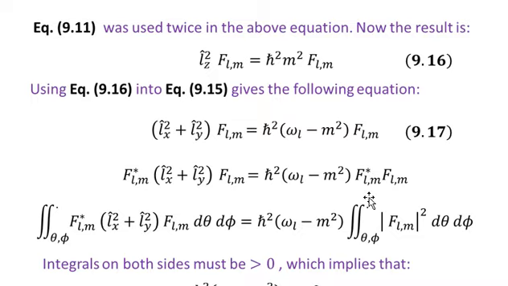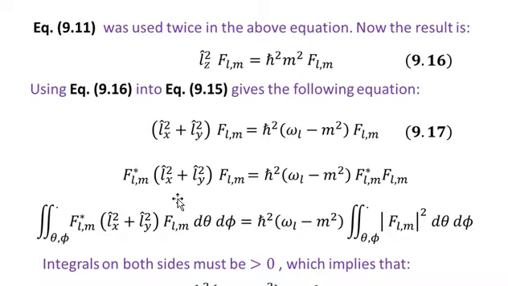So you can see the complex conjugate of F on the right hand side and also on the left hand side of this equation, where it is obvious that I have multiplied equation number 17 by the complex conjugate of F from the left on both sides of the equation.